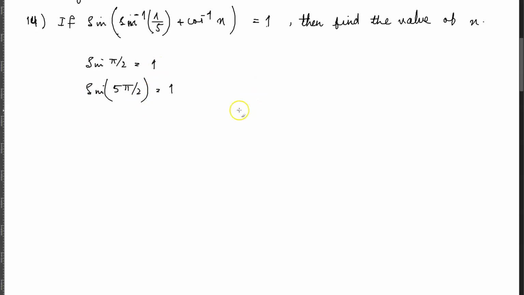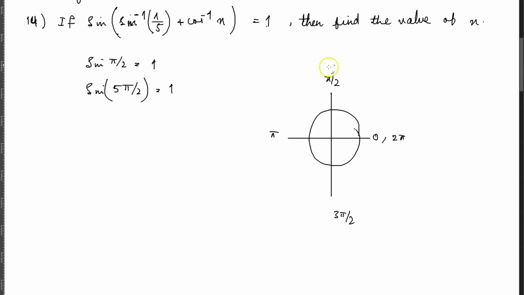Now if you go around the circle, this is 0, this is pi by 2, this is pi, this is 3 pi by 2, and this is 2 pi. And then over here you have 5 pi by 2, 7 pi by 2, then 9 pi by 2, 11, 13 pi by 2, and so on and so forth, right?